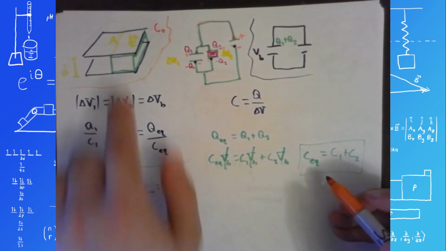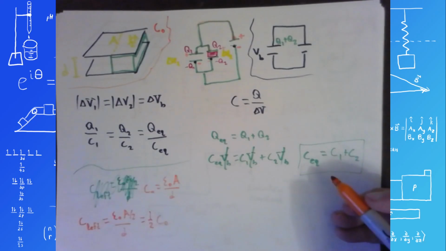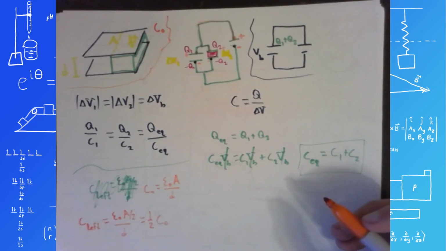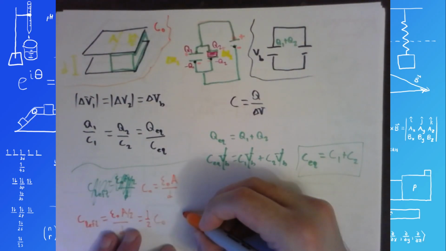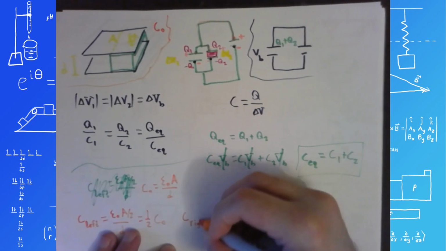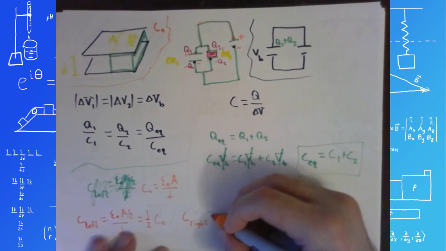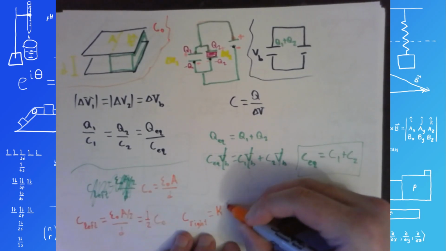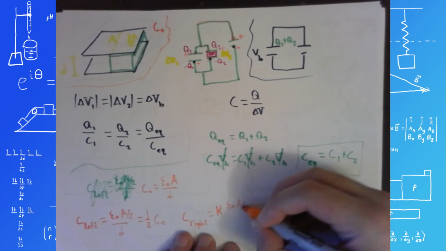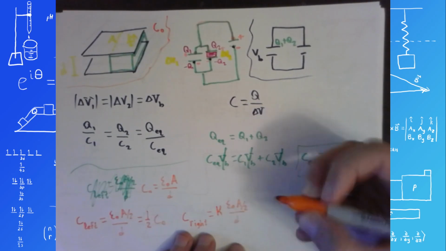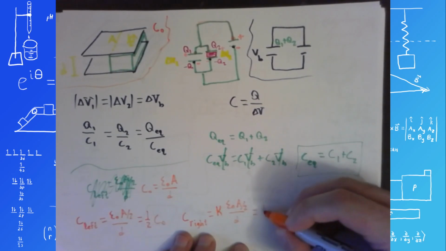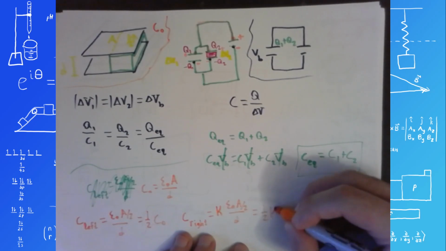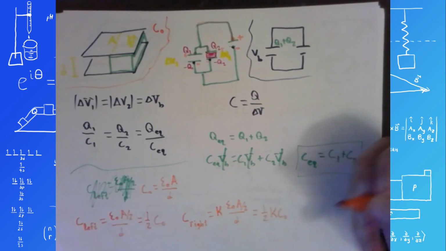And then for the other half, it's also going to be 1/2 of C0, but times kappa. So C right is equal to kappa times epsilon naught A over 2 over D, which is equal to 1/2 kappa C0.